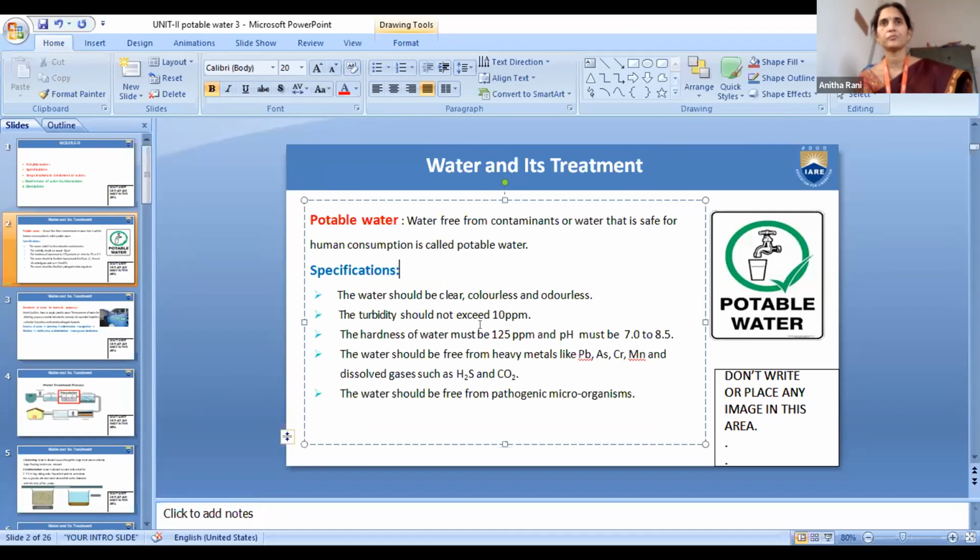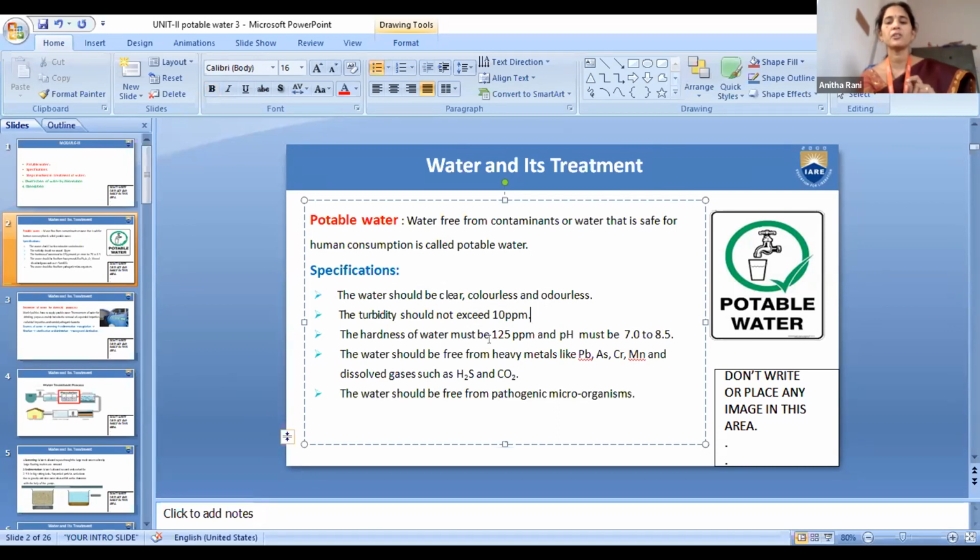Turbidity means what? There should not be any clay particles or sand particles, like suspended impurities present in water. Follow me, students. The turbidity should not exceed 10 ppm.